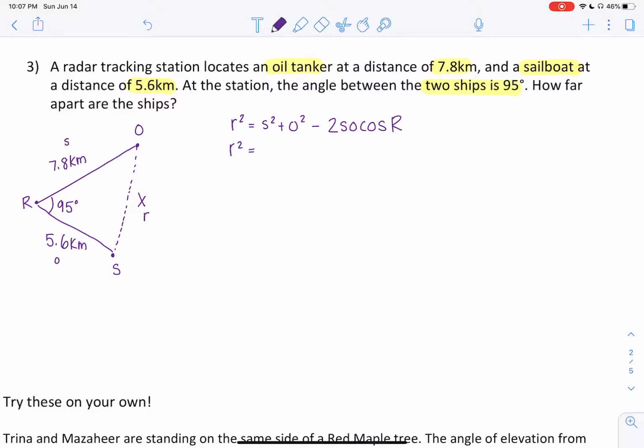Little r squared is equal to, now I'm just filling in all my values because I've labeled my triangle so nicely. There we go. And then you can just plug this whole thing into your calculator if you have a double-line calculator. So for this time around, I am going to do that. Even if you don't do that, you should get the exact same answer if you do it in multiple steps.